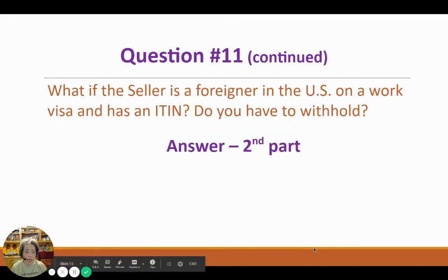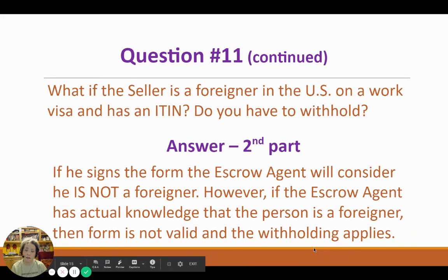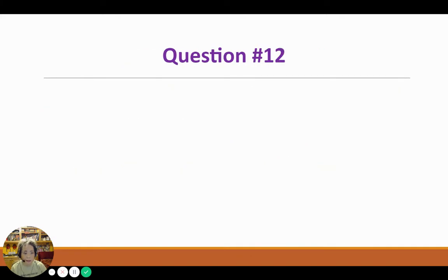And part 2 says that if he signs this form, the escrow agent is going to have to consider that he is not a foreigner. However, if the escrow agent has actual knowledge that this person is actually a foreigner, then whatever form that the seller signed is not going to be valid, and that withholding is going to apply.